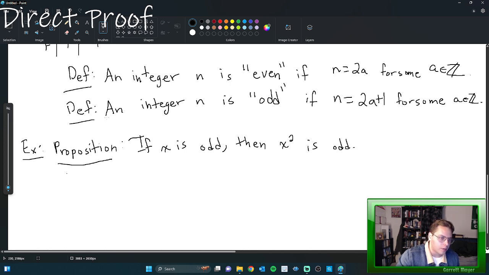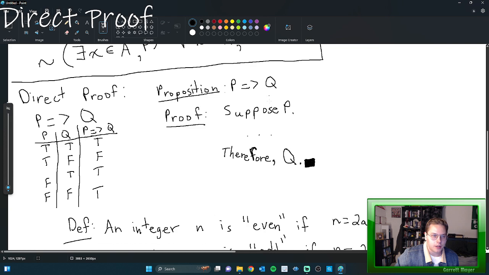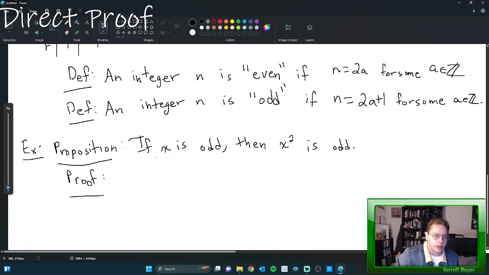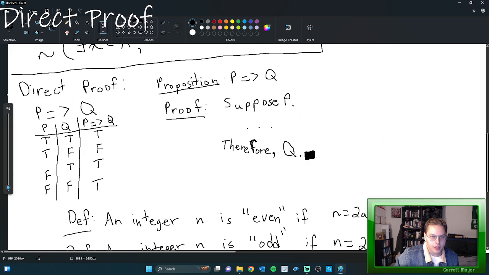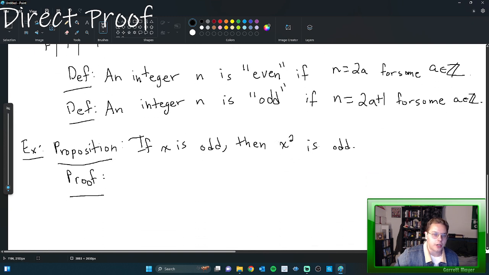And the proof of this, based on the direct proof that we laid out earlier, or just the general outline. So we want to start by assuming p. So in this case, p is x being odd. And then we want to get to q. So in this case, x squared being odd.